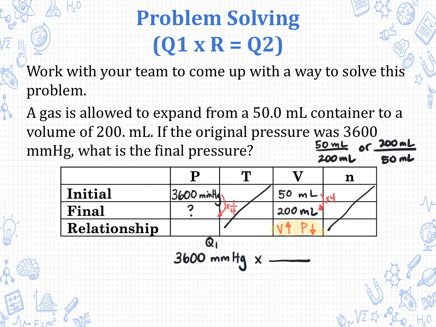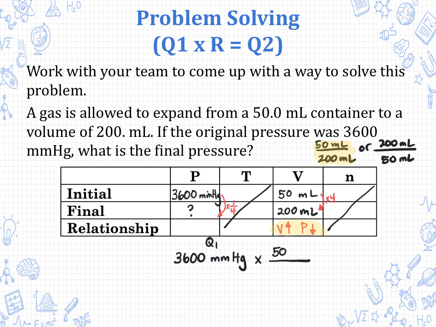So the fact that if V goes up, we need pressure to go down. Of these 2, the one I'm highlighting here, 50 over 200, that is where the 1/4 comes from. And that fraction, because I have 50 on the top, will cause my work to match my relationship.